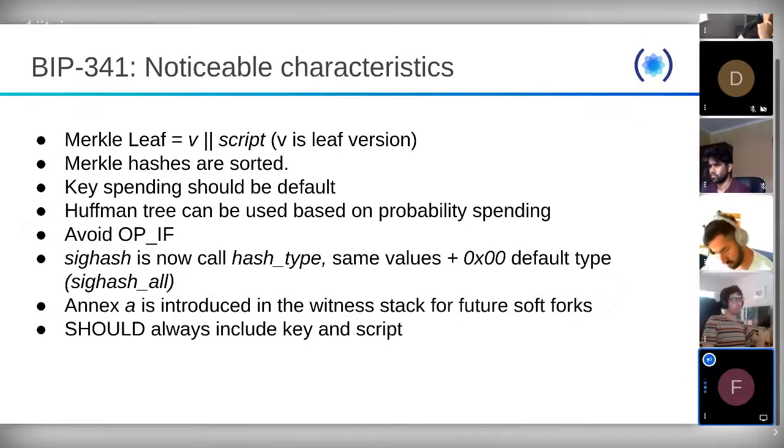So back to what we discussed, let's say I do an HTLC. HTLC is not the most clever thing to do now, but let's say we keep it, and we put the full HTLC in the Merkle tree. So you have one branch where you verify the hash, and one branch where you check the expiry. Now, if I want to do a refund, I go on the expiry side of things, and I will just reveal the expiry.